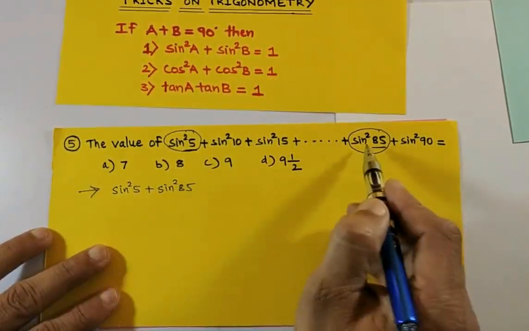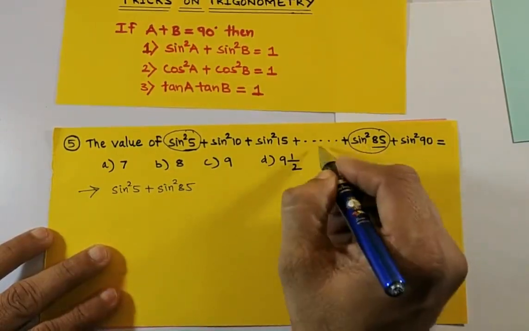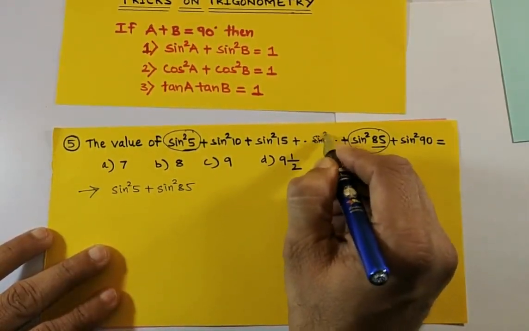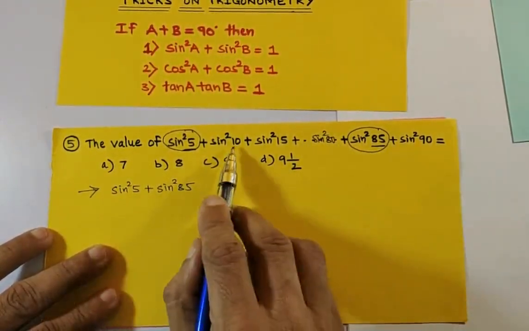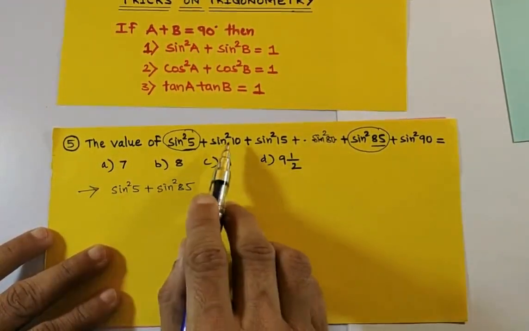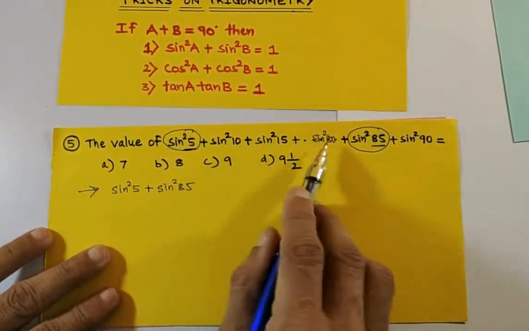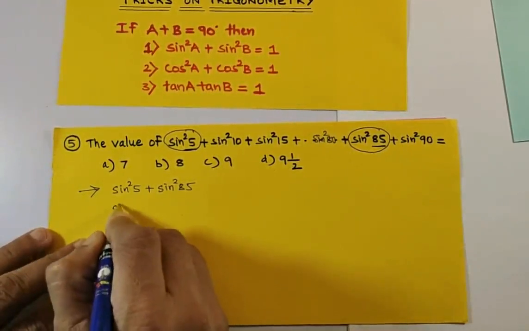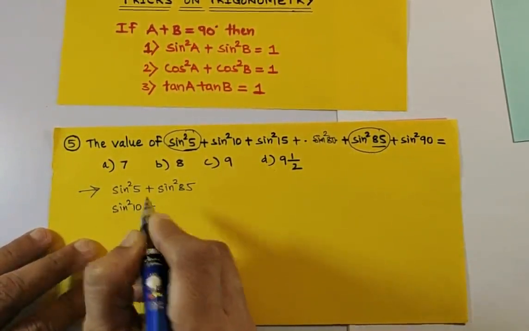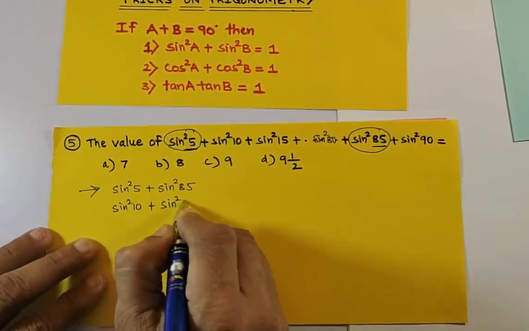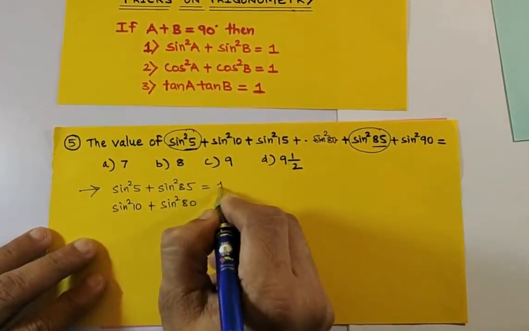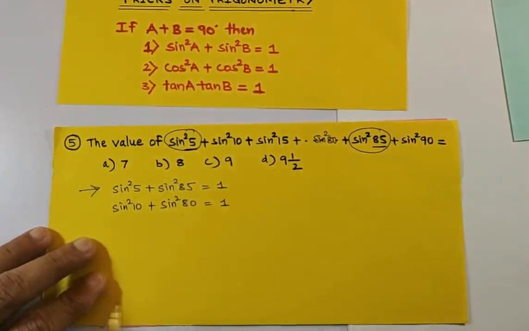Similarly 10. Behind this you are having angle sin square 80. The difference is 5, 5, 5. If I add these two, again it is 90. So sin square 10 plus sin square 80. So this is 1, this is 1.